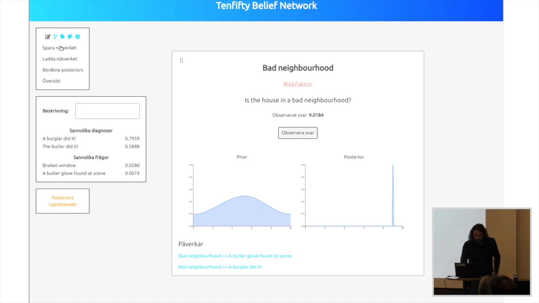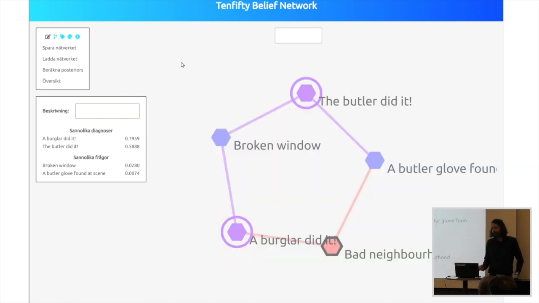And that's because there's something wrong with our network. We haven't encoded one critical piece of information in this network. We've given all these priors, given that we know that the murder took place.